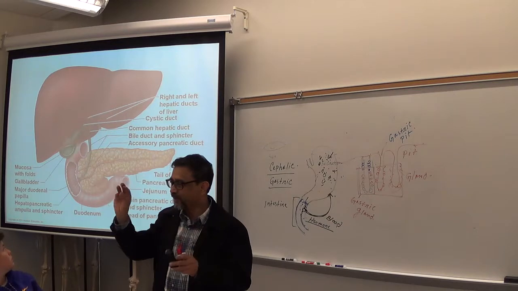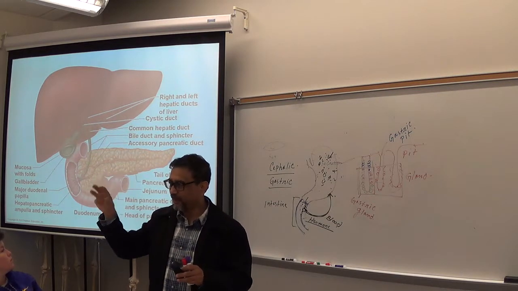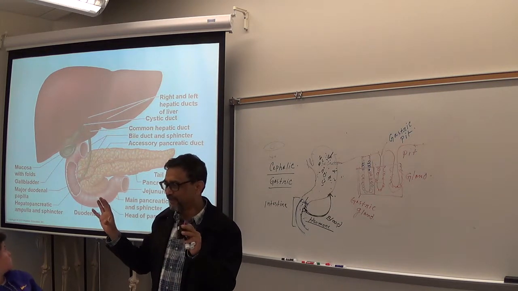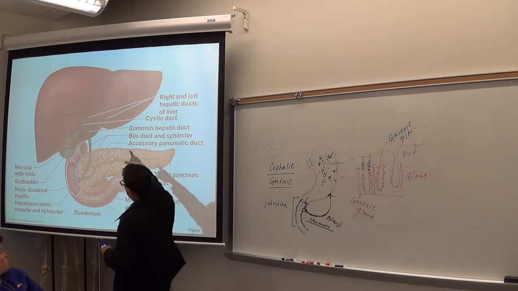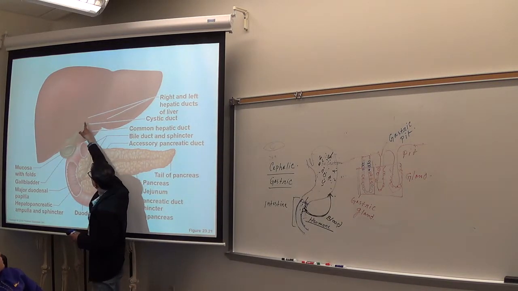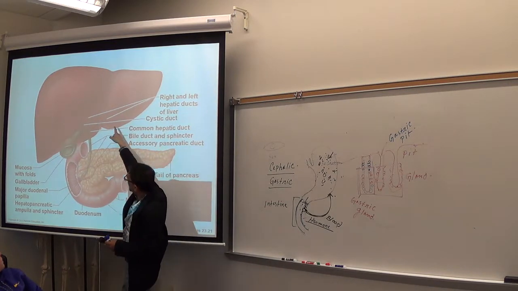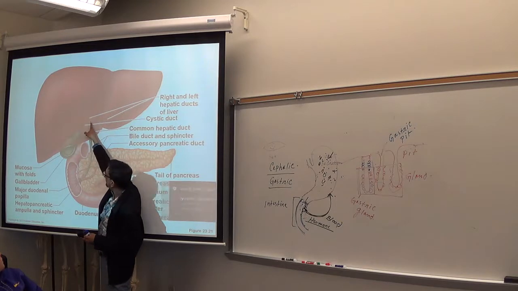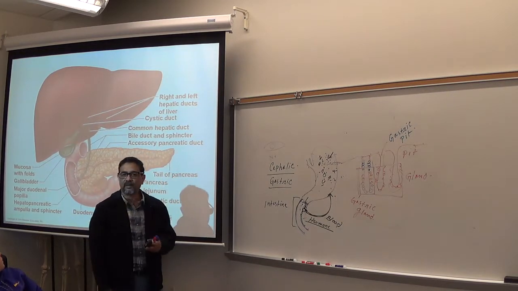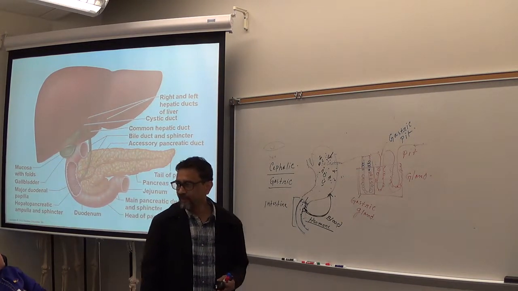Those are big lobes. There are also small lobes, you will see later. But right and left are the two big lobes, okay? So from those lobes, two hepatic ducts come out. Make sense? Right and left lobes.